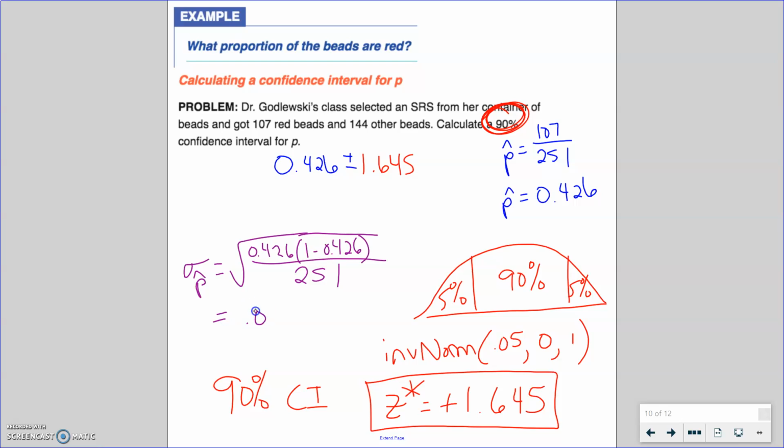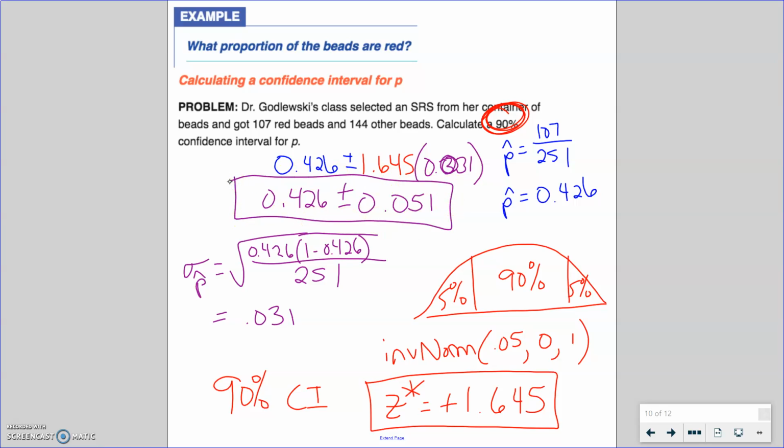And I get 0.031. So 1.645 times 0.031, I get a margin of error of 0.051 with that point estimate right here. That is my confidence interval.